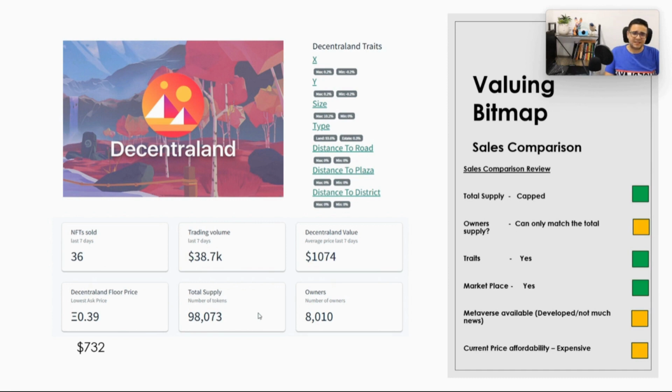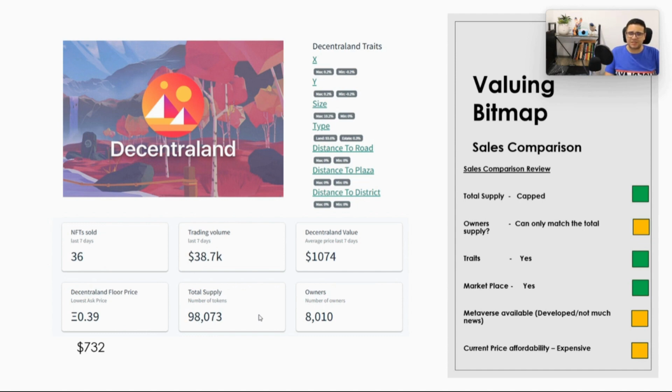Can you easily obtain one of these parcels or districts on Decentraland? Yes, there are marketplaces available, so that's good. Is there a metaverse available? Well, yes, there is. It's already been built. And I'm not quite sure if there are more developments happening with Decentraland, as it's not a project I follow very closely.